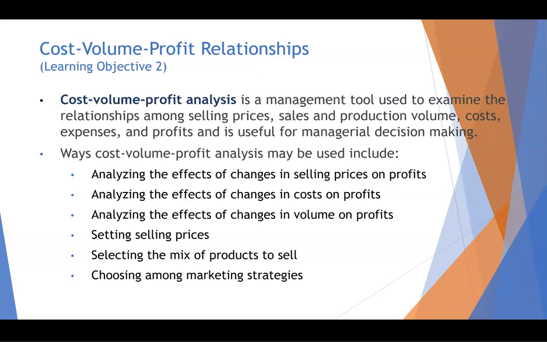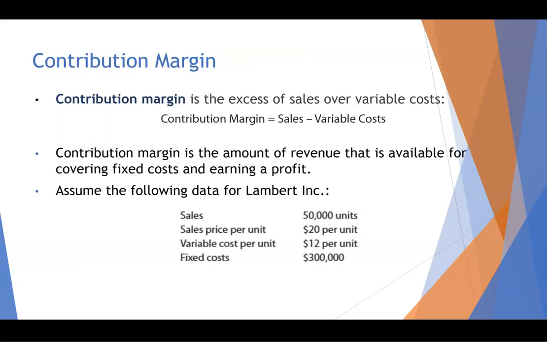The ways cost, volume, profit can be used can help look at effects of changes in selling prices, changes in costs on profits, looking at the effects of changes in volume on profits, setting selling prices, selecting the mix of products to sell, and then choosing among marketing strategies. The contribution margin is the excess of sales over our variable costs.